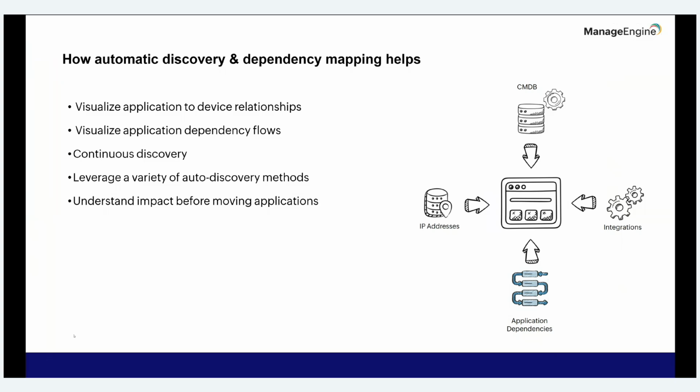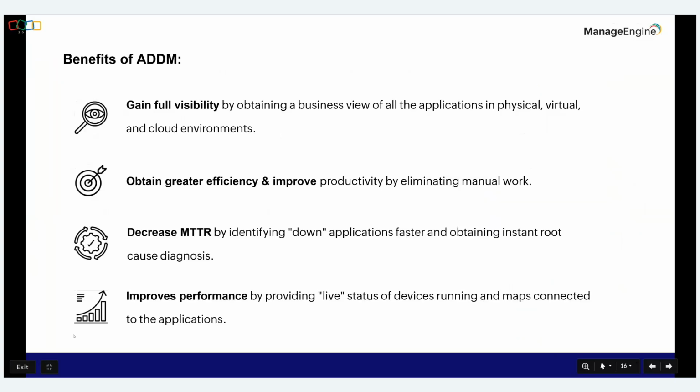What are the benefits of discovery and dependency mapping? It helps you to gain full visibility by obtaining a business view of all the applications in physical, virtual, and cloud environments. It helps you to obtain greater efficiency and improve your productivity rather than doing manual tasks. With the help of automatic discovery and dependency mapping, you can have them managed in an automatic way.